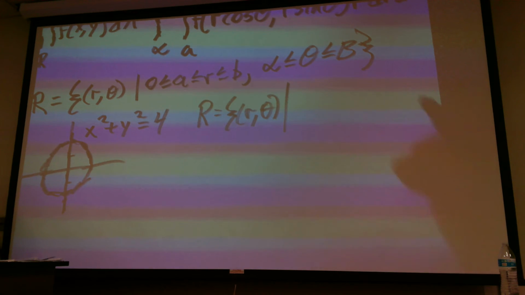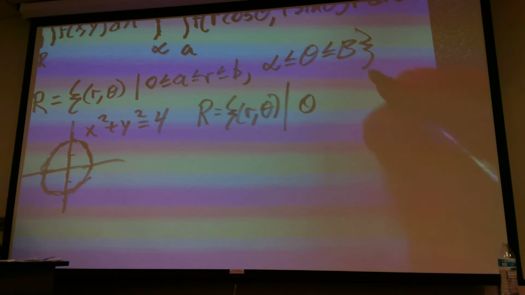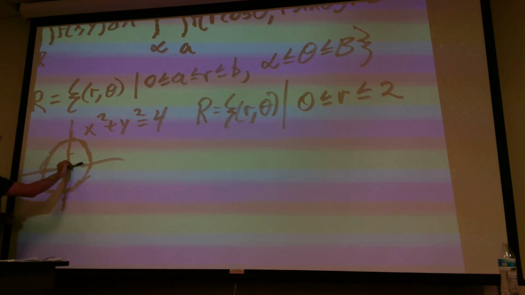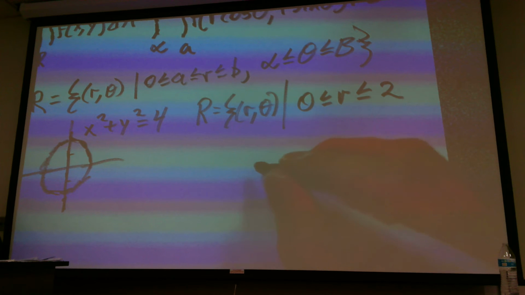And so 0 is going to be less than or equal to r, which is going to be less than or equal to 2. Okay? Now, if I consider my theta, so r is going outwards, but theta is a rotation. So if I start here at 0, we're going to encompass a full rotation all the way from 0 to 2 pi. Okay? So 0 is going to be less than or equal to theta, which is going to be less than or equal to 2 pi.